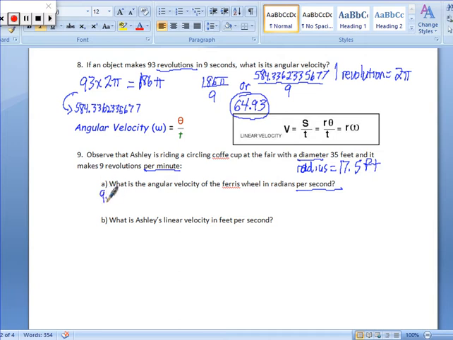So we would find out how many radians that is per second. So we would do 9 times 2 pi divided by 60 seconds. That would be 18 pi divided by 60.